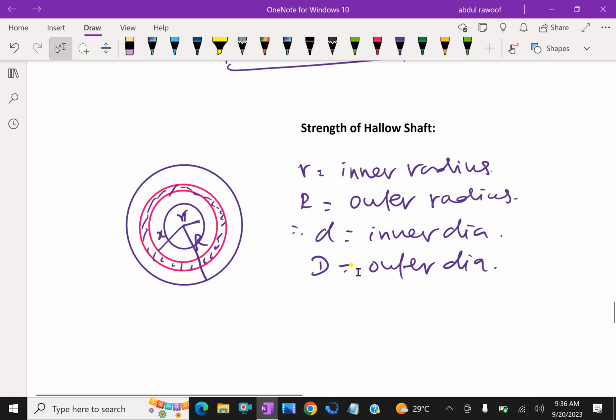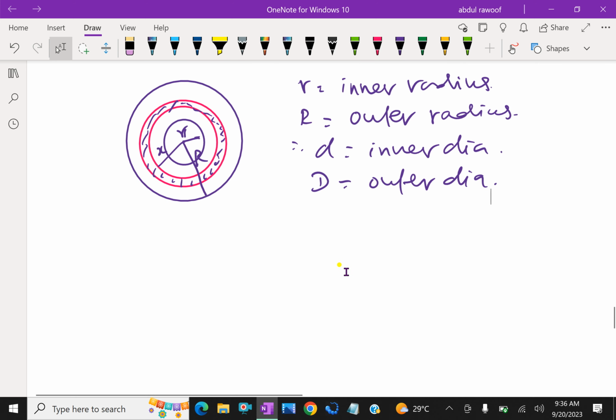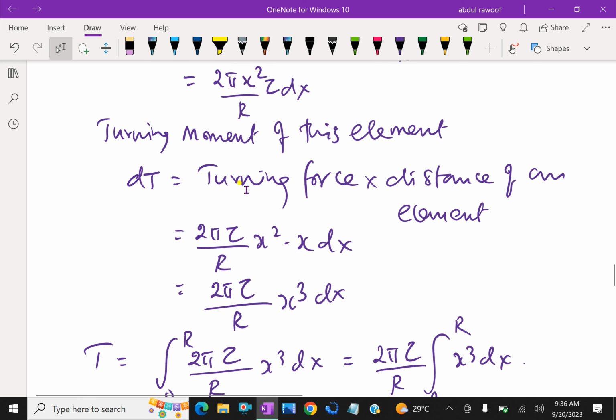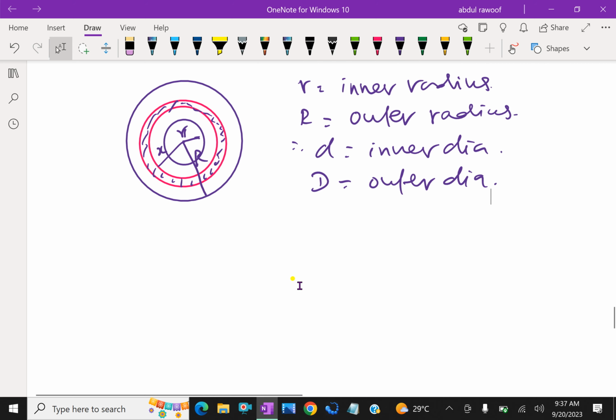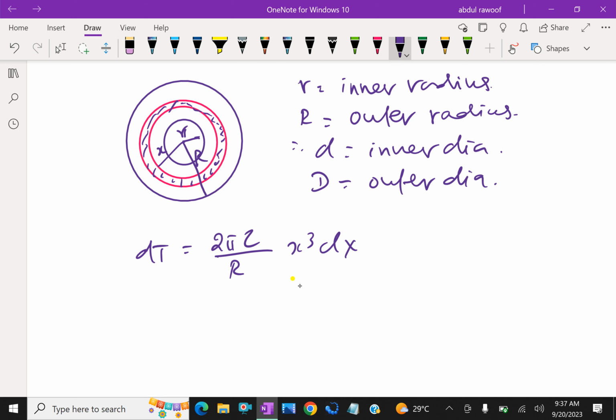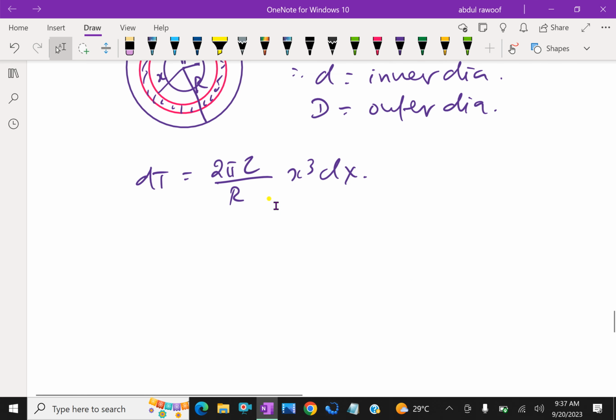Now, previously we had dT equal to 2 pi tau over R, x cube dx. Here the integration limit is small r to capital R, not 0 to R, because it is a hollow shaft.